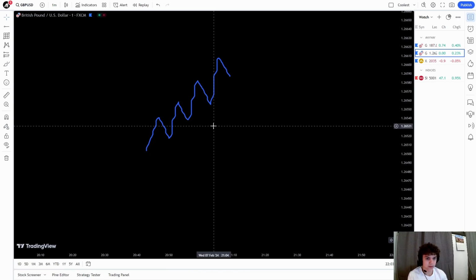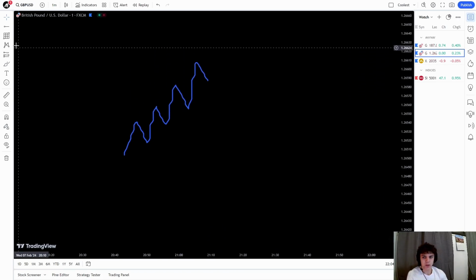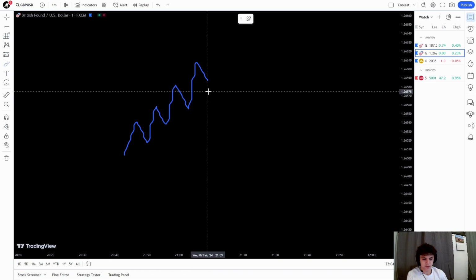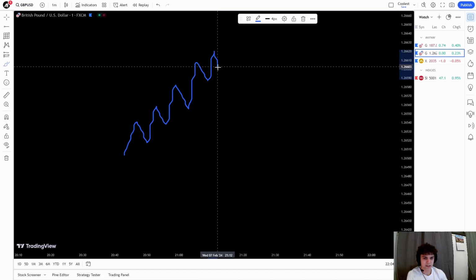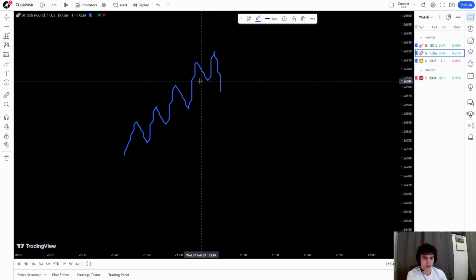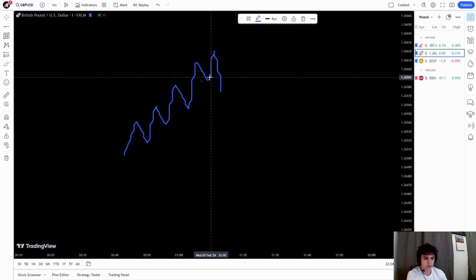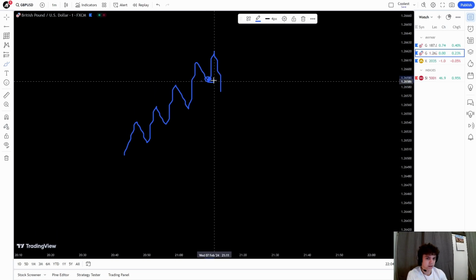Alright, in this case we're bullish. Now a break of structure happens like this. Higher high, but then it comes down and it closes below this last low in an uptrend, okay?